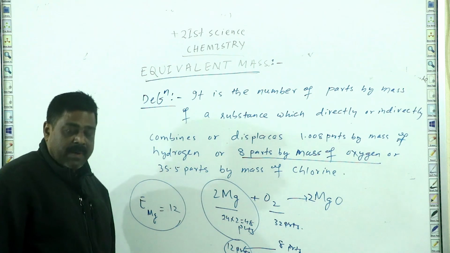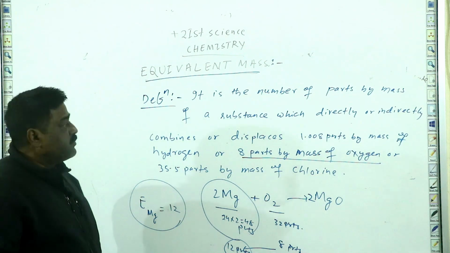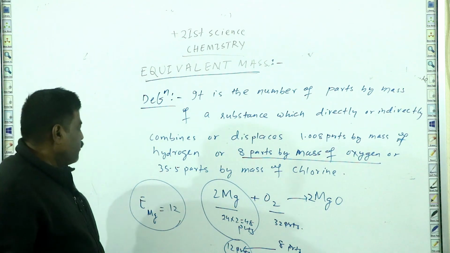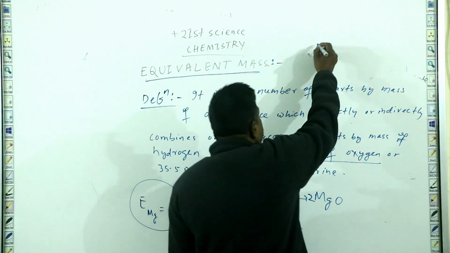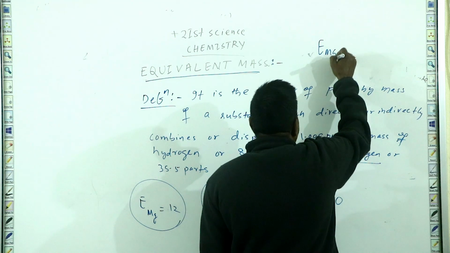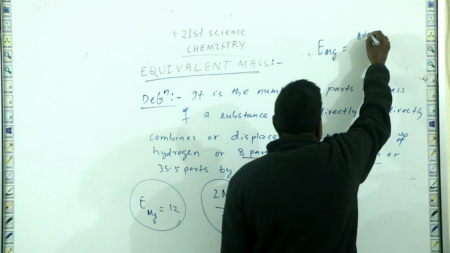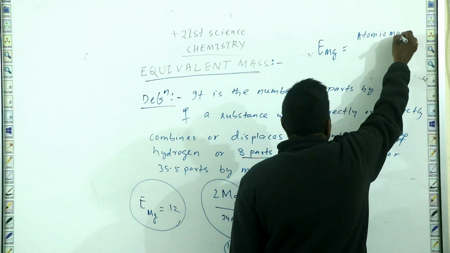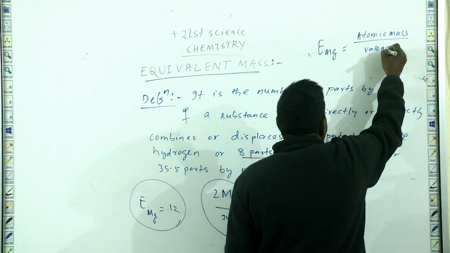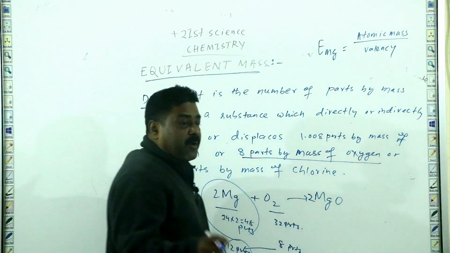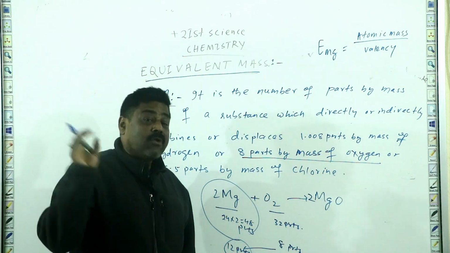The valence of magnesium is 2, atomic mass is 24. Then the result comes, the equivalent mass of magnesium is equal to the atomic mass of magnesium by valency. It is not only for magnesium, it is for all atoms.